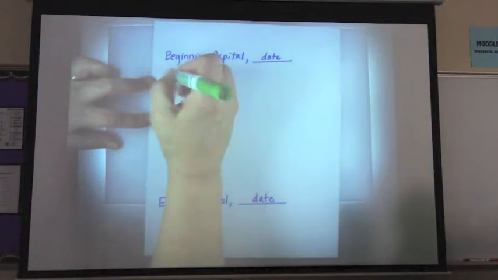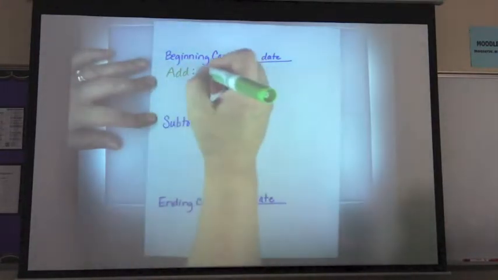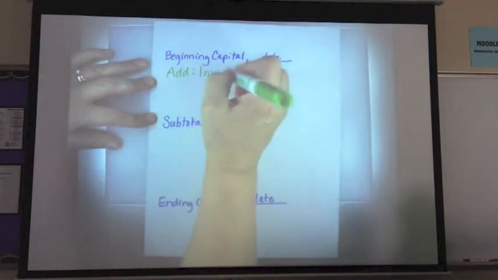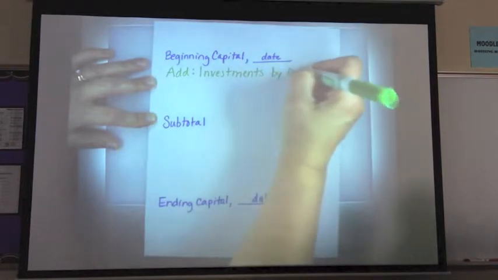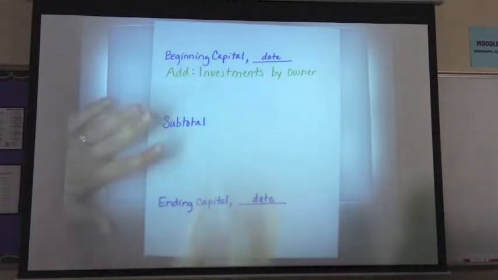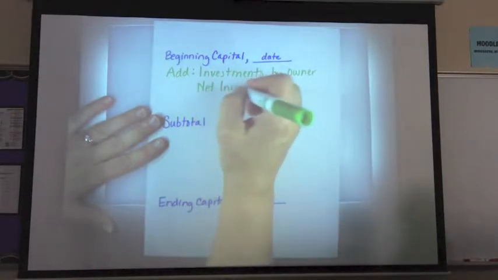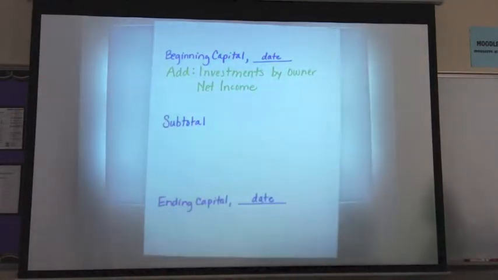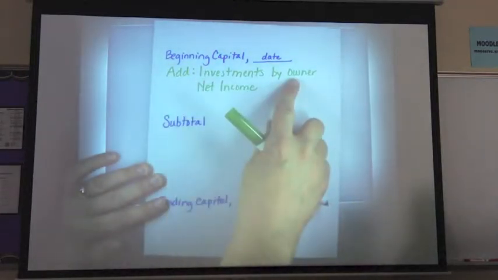First of all, you have to put the word add. And the first one is investments by owner. The second thing that could increase your capital is net income. Now, there are times when owners won't invest anything because the company is doing well and they don't need to invest anything.